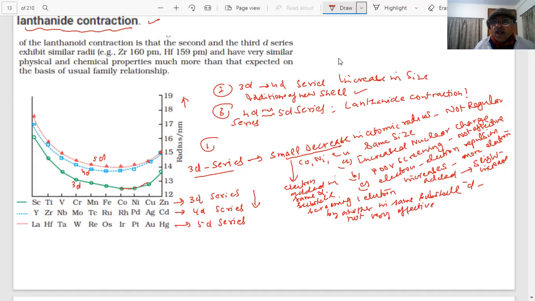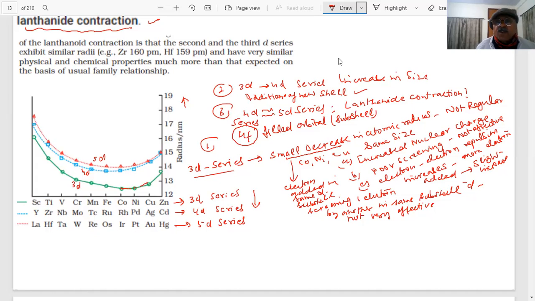Now, what is the difference between these two? When you move from the 4d to the 5d series, there is a filled 4f subshell in between the 4d and 5d series.